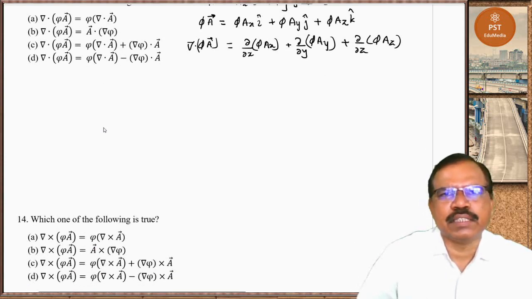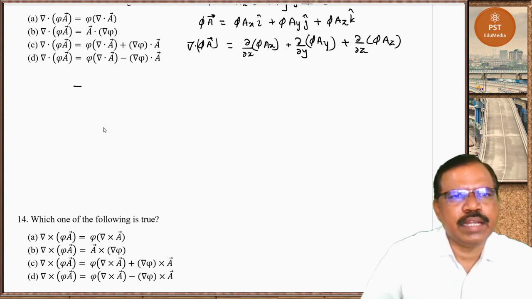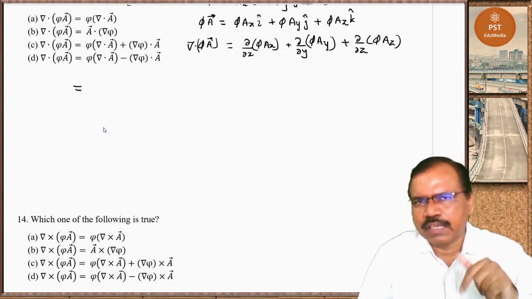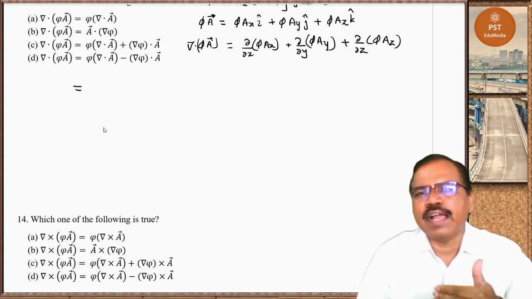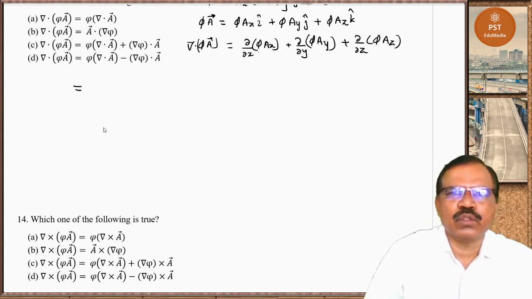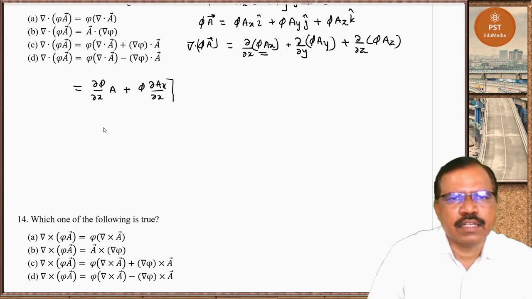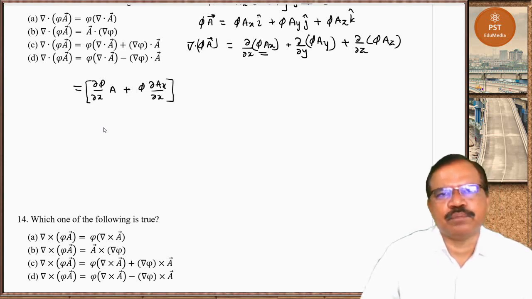Now let us take this first one. So we get this. Here phi is a scalar function, and it will be a function of x, y, and z. So here we can use the product rule. You can take ∂phi/∂x multiplied by a_x plus phi ∂a_x/∂x. It is from the first term.